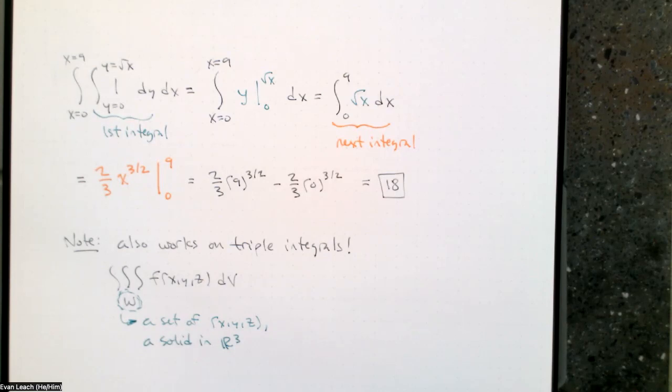That everything between tells us that W, this set of X, Y, Z, is going to be a solid in R3.